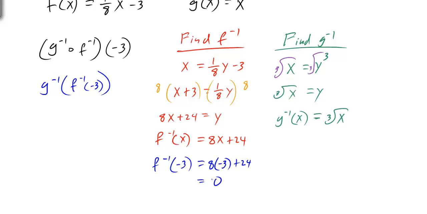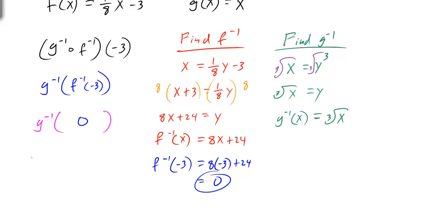So that means next we want to find g inverse of f inverse of negative 3. Well, we just found the f inverse of negative 3 to be equal to 0. So now we're going to plug 0 into g inverse.